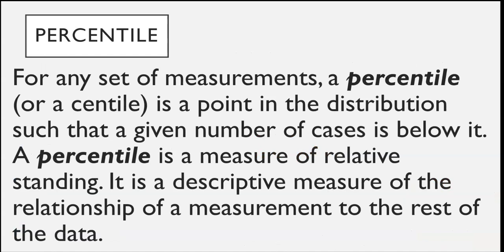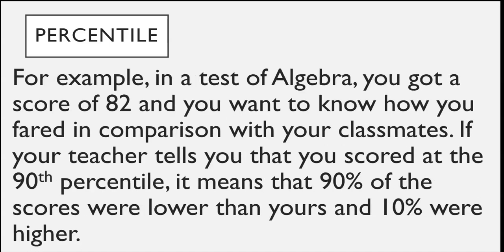Let's proceed to percentile. For any set of measurements, a percentile or a centile is a point in the distribution such that a given number of cases is below it. So a percentile is a measure of relative standing. It is a descriptive measure of the relationship of a measurement to the rest of the data. For example, in a test of algebra, you got a score of 82, and you want to know how you fared in comparison with your classmates.